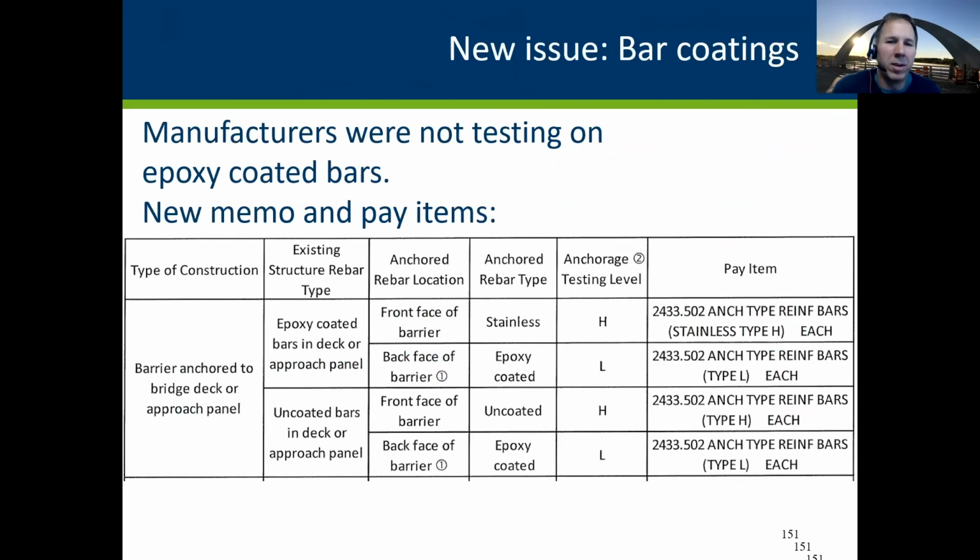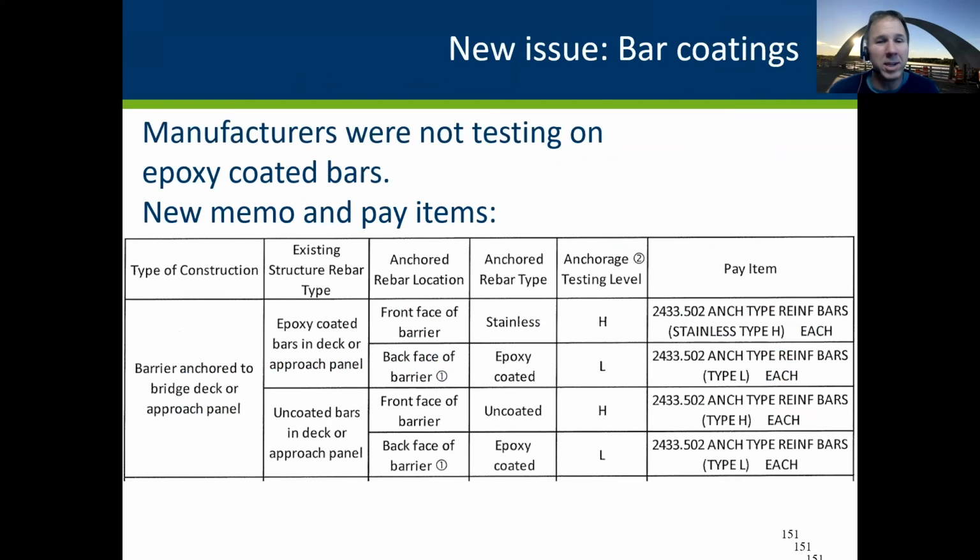We've moved on from the 2012 era to today with a lot of changes in adhesive anchors. And one thing that was noticed in 2017, I think, is that manufacturers really didn't give values for epoxy coated steel, what the strength of their adhesive is on epoxy coated steel.